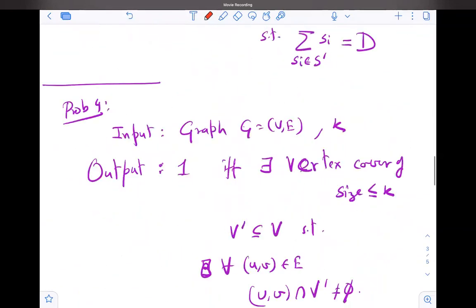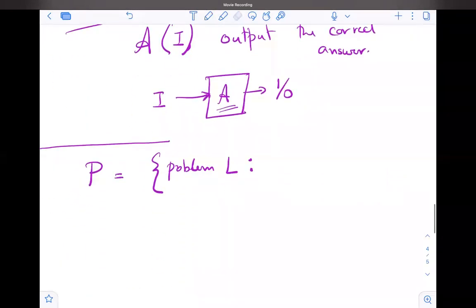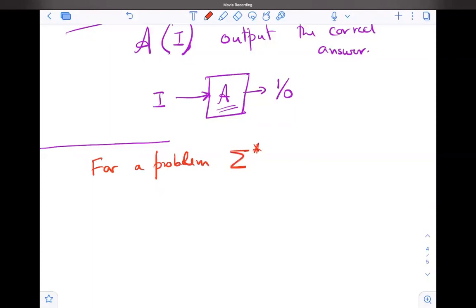So in some sense, before I define all of these things, maybe forget all of this stuff. For a problem P from sigma star to {0,1}, the language L is the P inverse of 1.